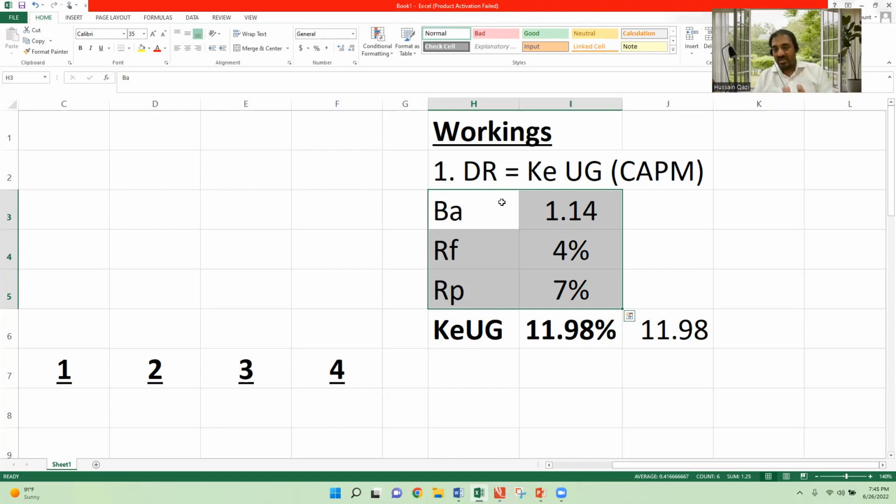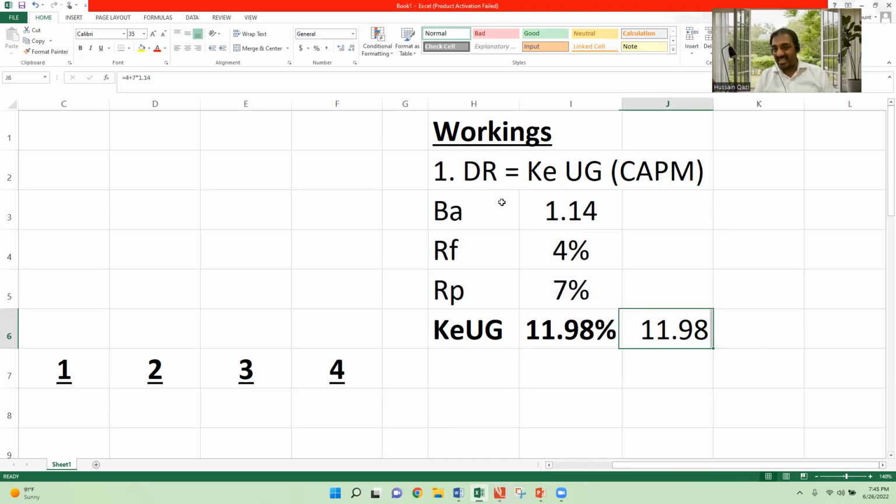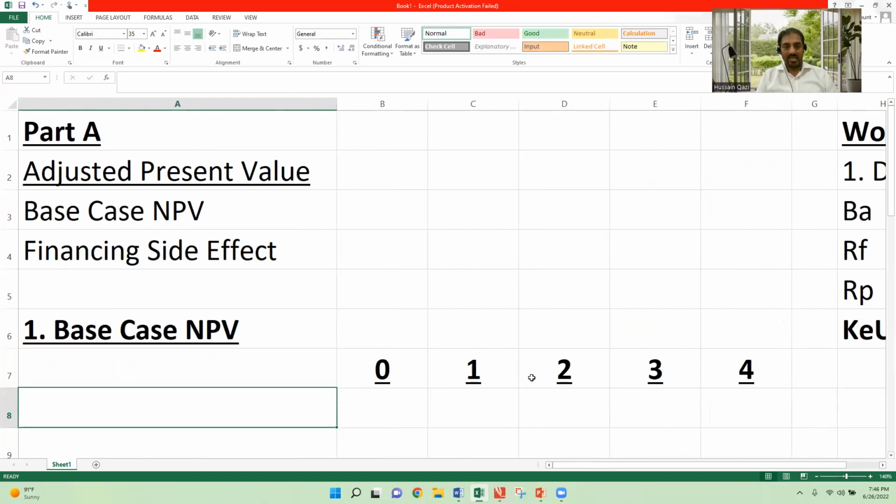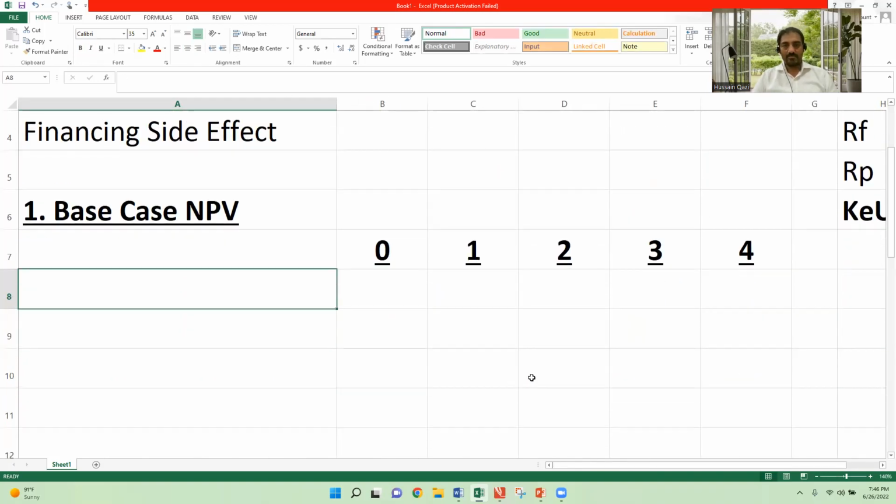If it's not necessary, that's a waste of time, rather than just quickly calculate the things. Because the examiner will check your answer from this bar, from where you have done your working accordingly. So that is the point. Now this is the discount rate. Now start working accordingly.